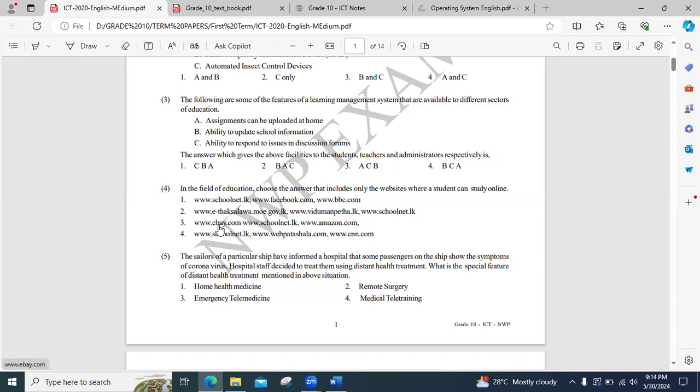Then the third one you can simply ignore because Amazon.com and eBay are shopping sites. Then CNN.com is the fourth one. CNN.com is a news website. So then the answer for this fourth question is the second one.